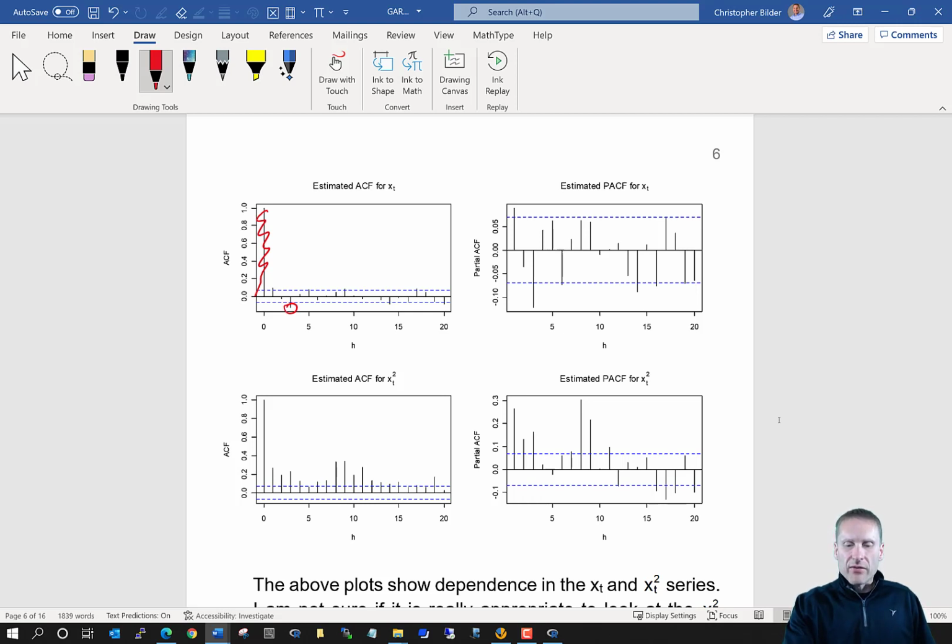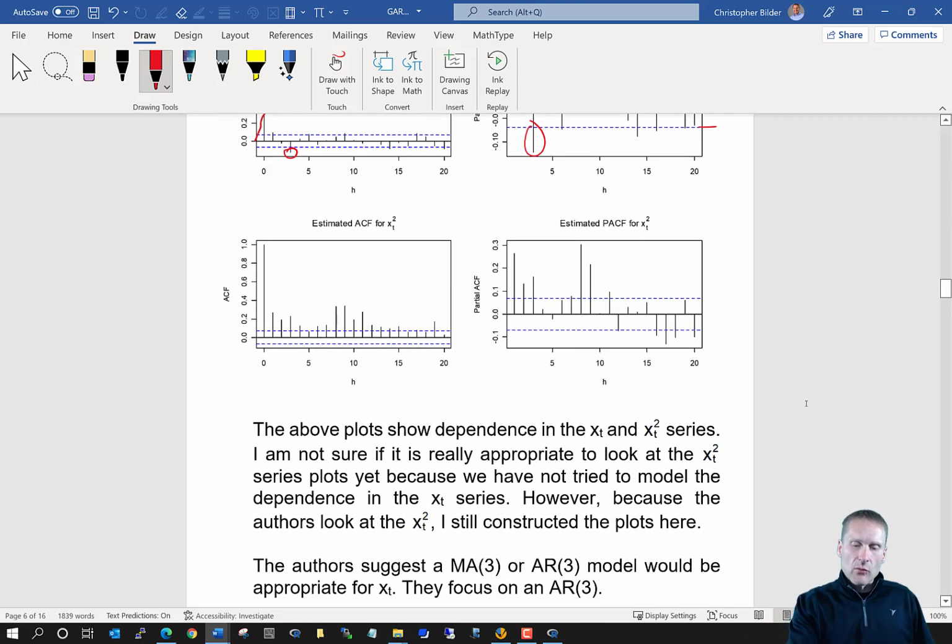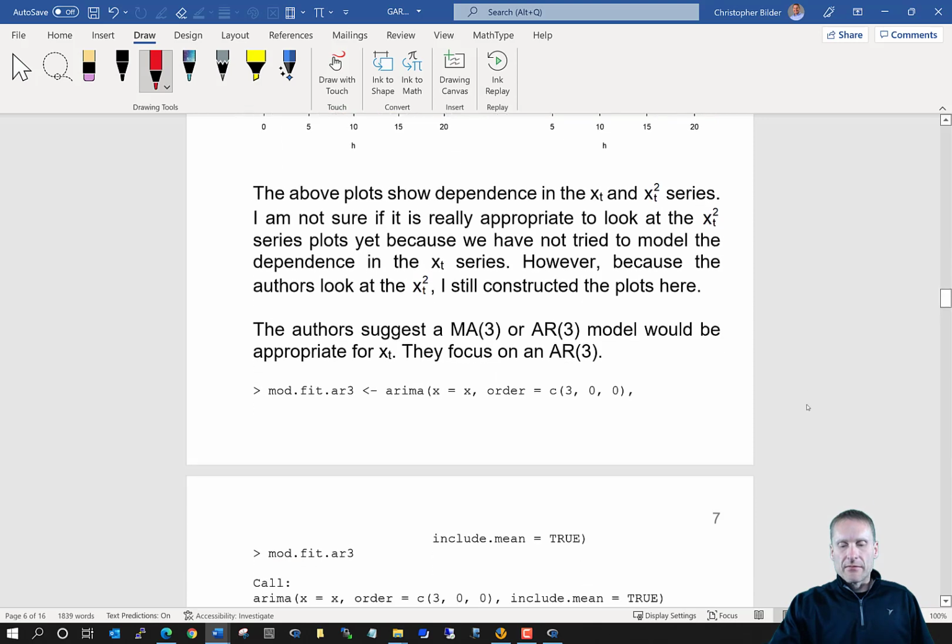For the PACF, we have a few significant values, although notice with respect to the y-axis scale here, and perhaps I should have rescaled it, relatively speaking we're not too far above these blue dashed lines. Now for x of t squared, we do have some more significant values here.